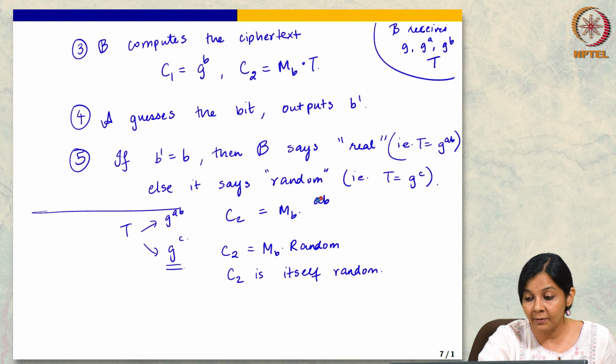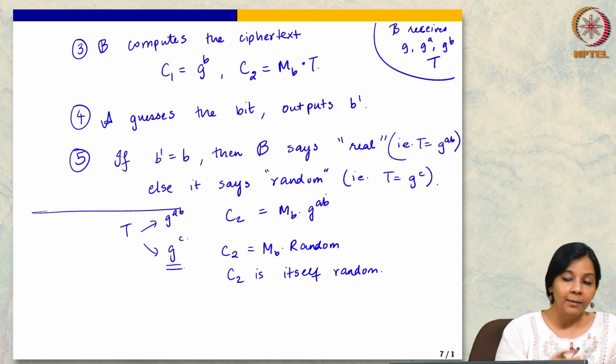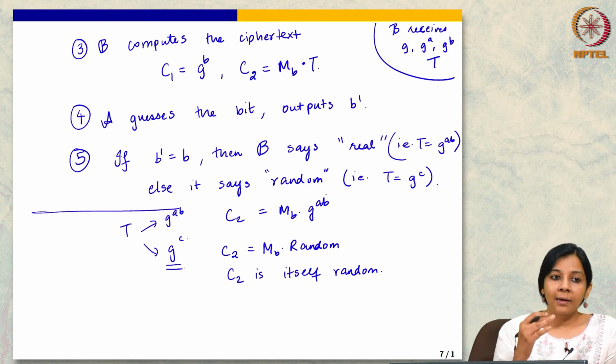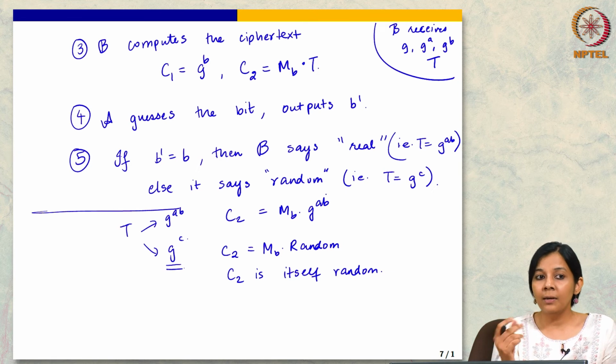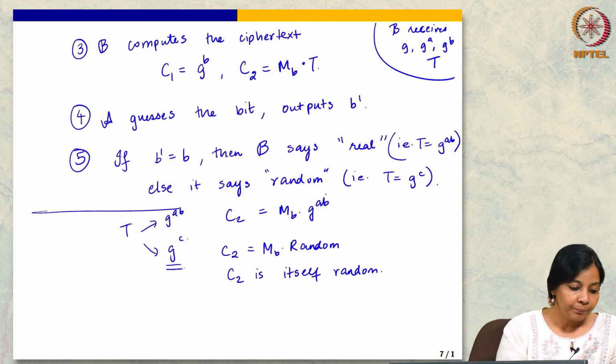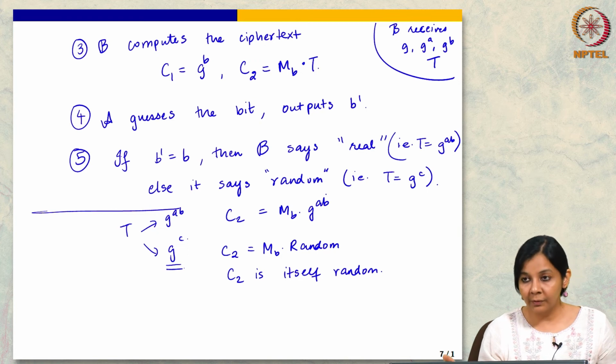So, that is the case when C2 actually looks exactly like the ciphertext in the real scheme, right. So, if you broke the scheme, then it must be the case that the target element that I got was actually from the DDH distribution, that is it must have been G to the AB. Okay. So, we can prove this formally.